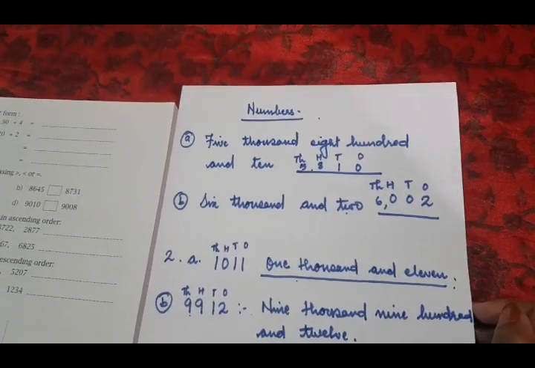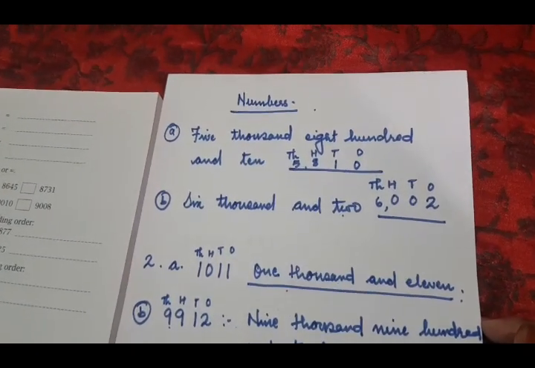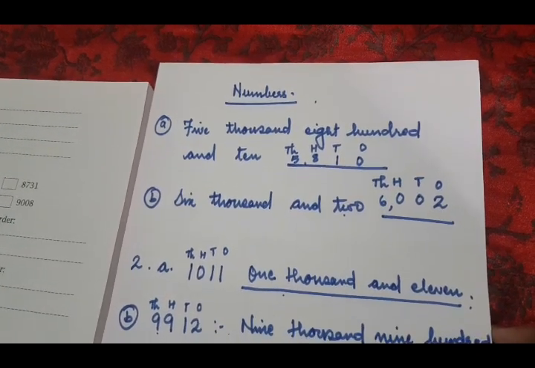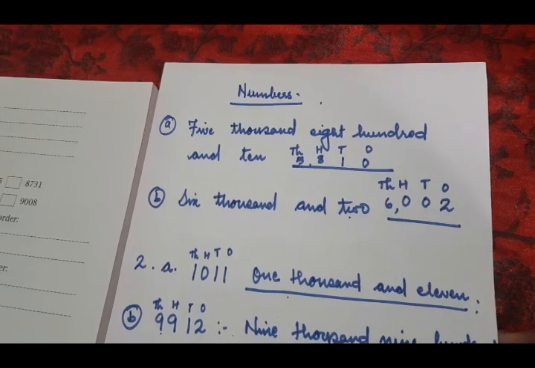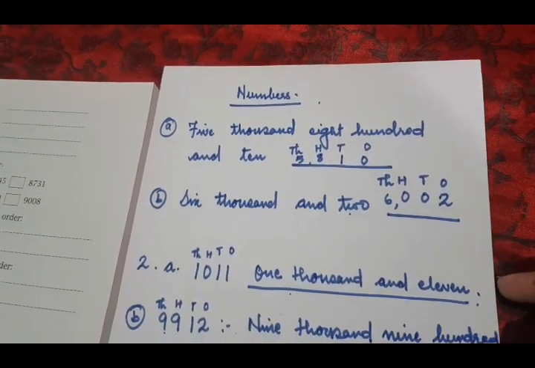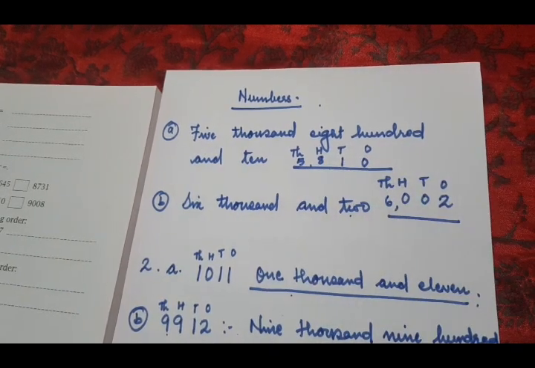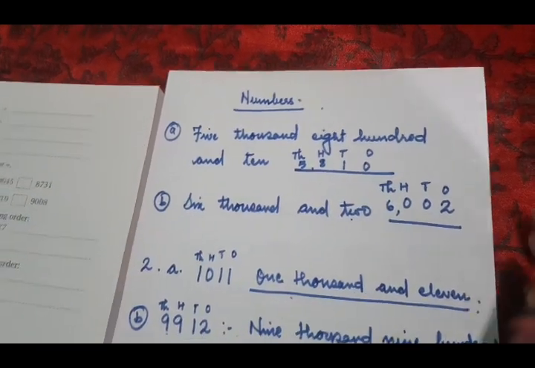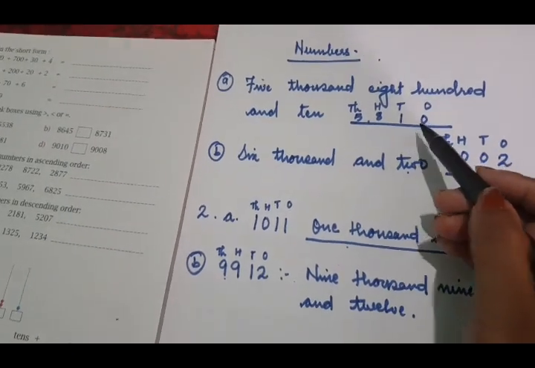Okay, today whatever we have learned about numbers, how to write the number names, how to write the numerals for the number names, let me go through once. To write the numerals for the number name is already given in the book. So you need to write the numerals.